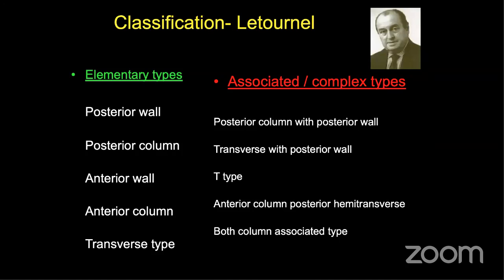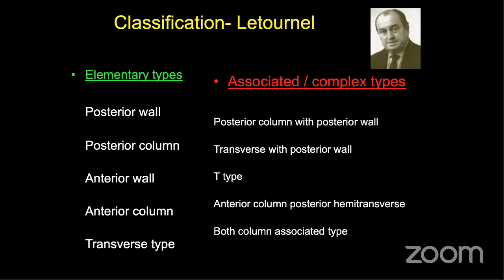The elementary types have got one main fracture line, and the associated or the complex types have got more than one predominant fracture line. So in the elementary types, we have the posterior wall or the posterior column fracture, the anterior wall and the anterior column, and we have the transverse type. In the associated or complex type fractures, we have combinations of these.